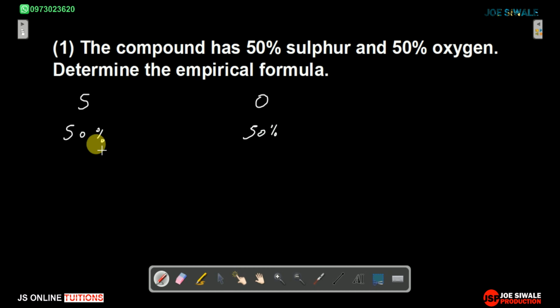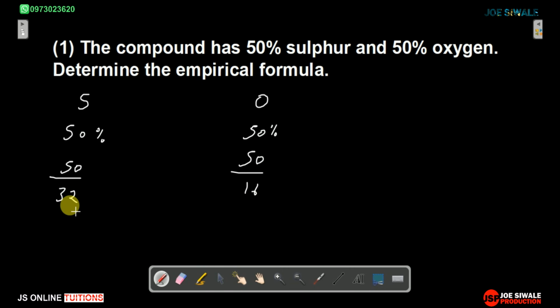So here we can say that our mass is 50 for sulfur and for oxygen it's 50. Then from there we're going to divide the masses by the relative atomic mass. The relative atomic mass of sulfur is 32, then that of oxygen is 16.